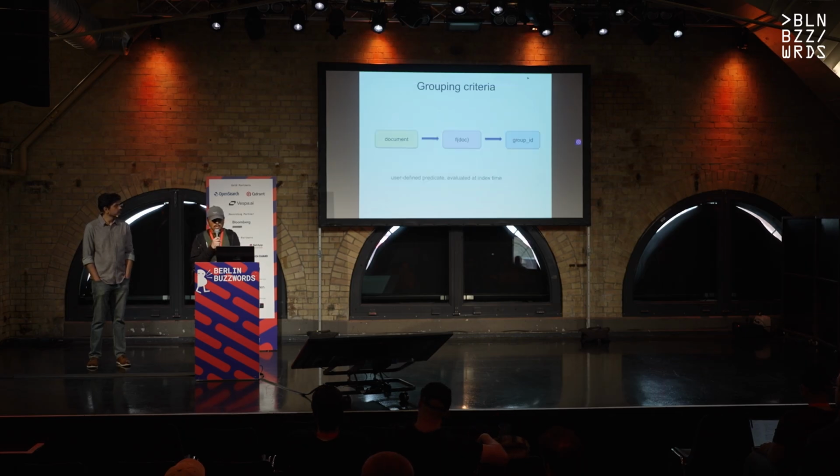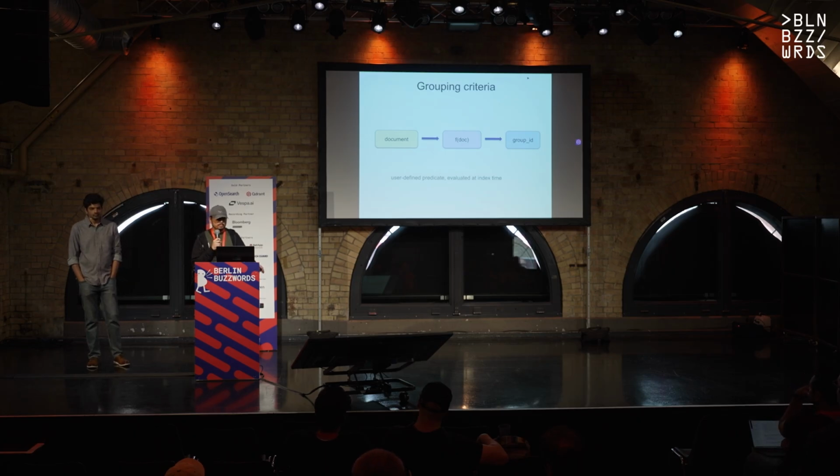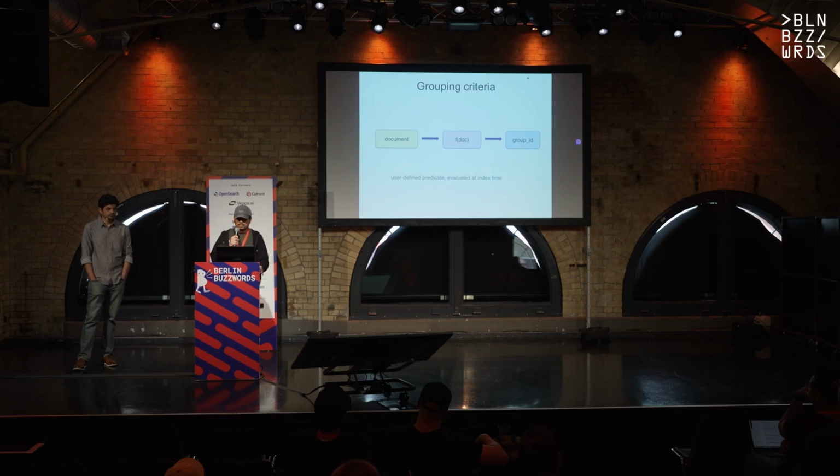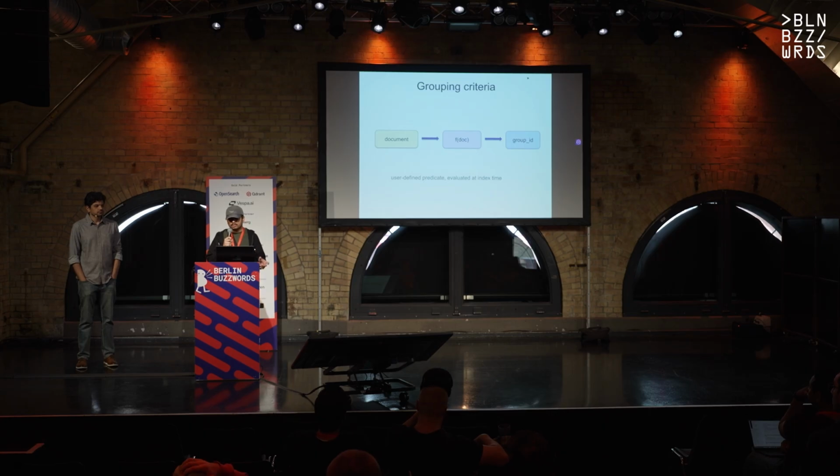The way we are doing that in context-aware segment is by something called grouping criteria. Grouping criteria is a user-defined function which we provide during index creation, and it is a simple predicate which gets evaluated every time we ingest a particular document.